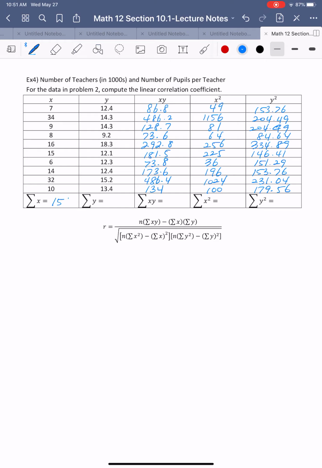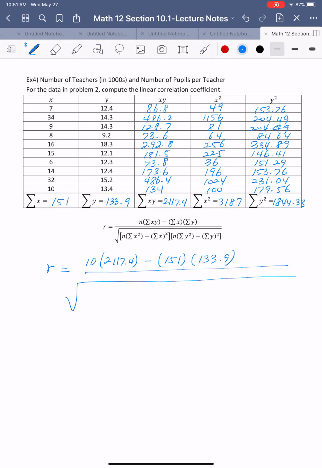Okay, so 151, 133.9, 2117.4, 3,187, 1,844.33. And then it's time to plug it in. So there are 10 pairs, okay? And n times sigma xy is 2,117.4, subtract sigma x, 151, times sigma y, 133.9.